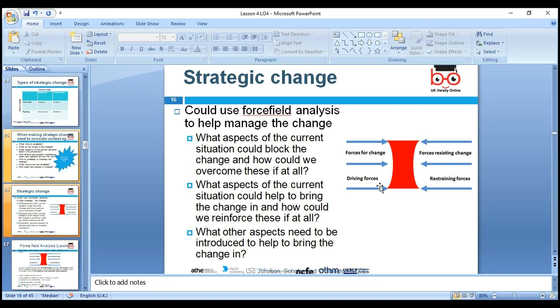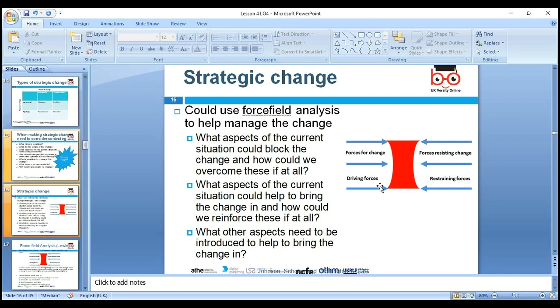Could you use force field analysis to help manage the change? What aspects of the current situation could block the change, and how? According to the force field model, we have two types of forces: driving forces for change, and some forces that are against the change. How can we overcome them?